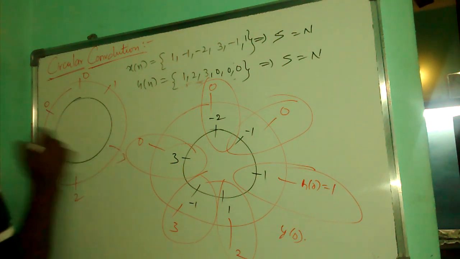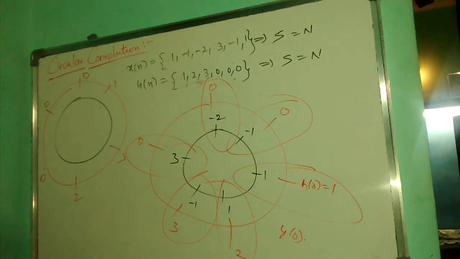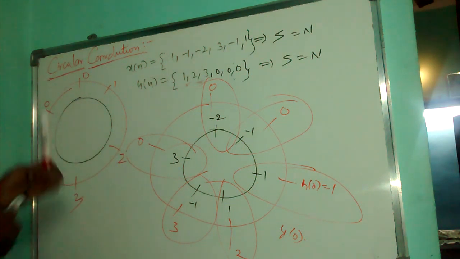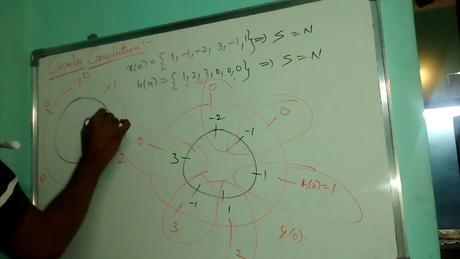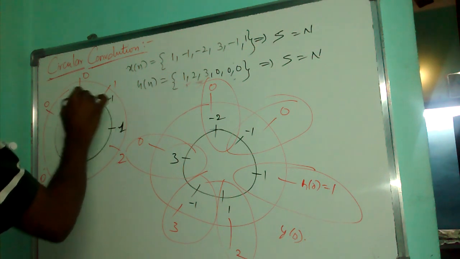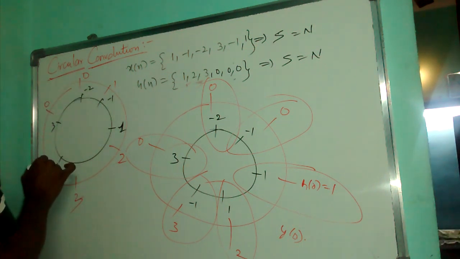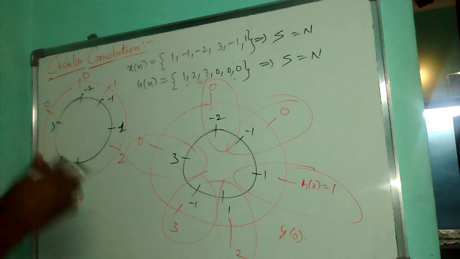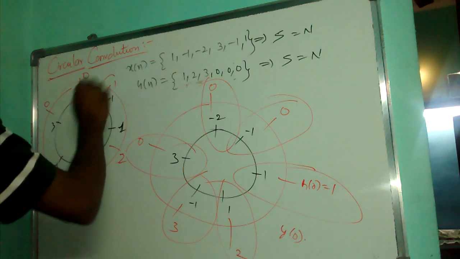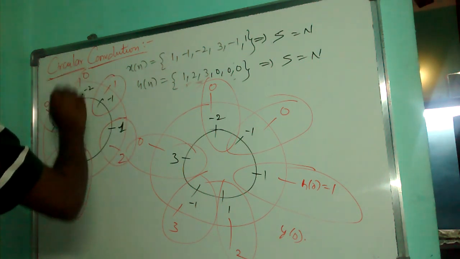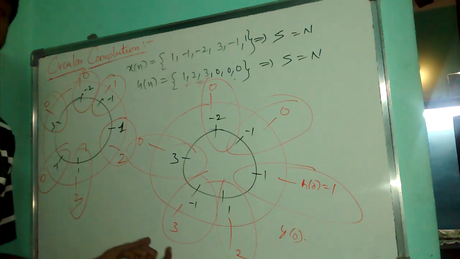Then 2, 3, 3, 2. Okay. You don't shift this one. Let it be the same: x of n, 3, minus 1, 1. Right? Now again you start multiplying the respective numbers. We get again 6 values.